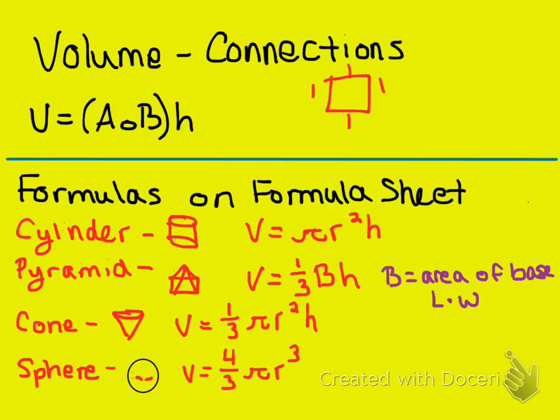Okay, so the area of the base times the height. Think about the glass example. Say you've got a glass that's a cylinder. Not the best cylinder drawn in the world, but let's say that the area of the base is 2 pi.